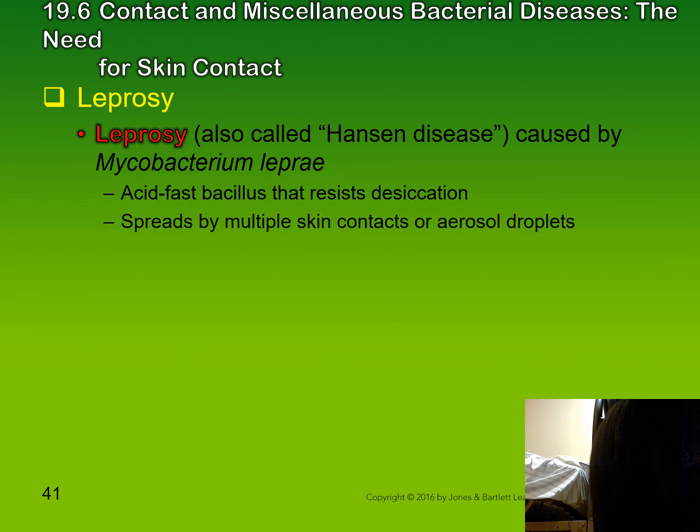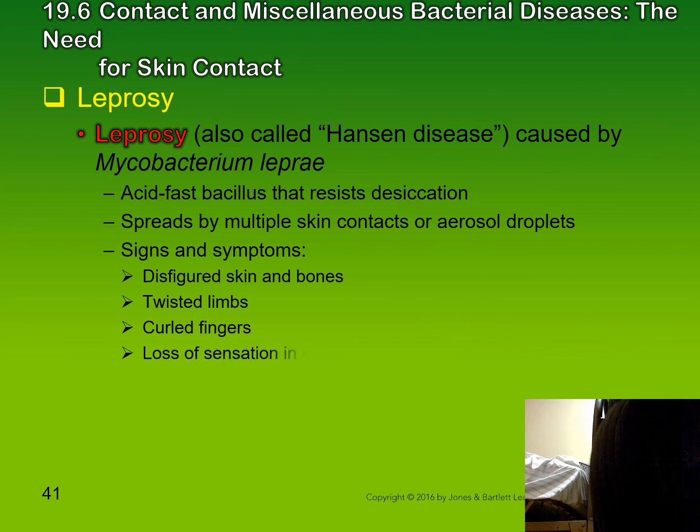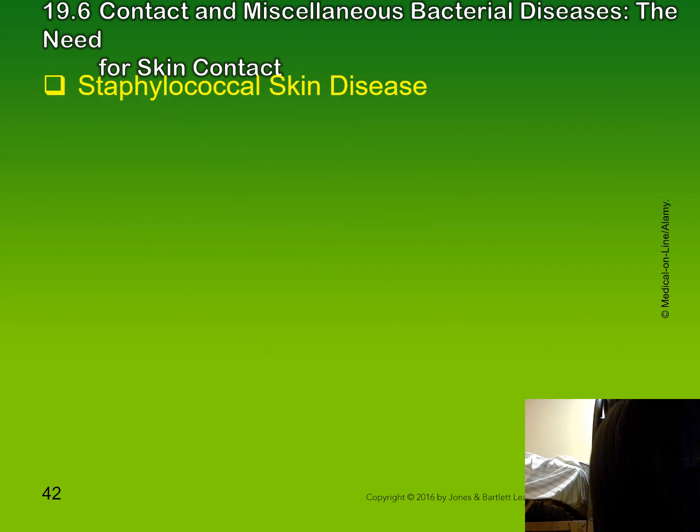It is spread by multiple skin contacts or aerosol droplets. Signs and symptoms of leprosy: disfigured skin and bones, twisted legs, curled fingers, loss of sensation in extremities, and loss of extremities.